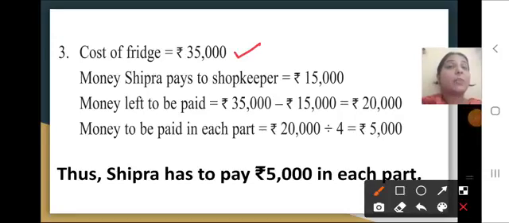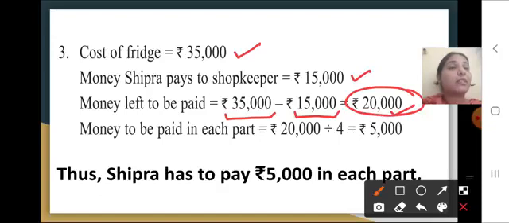Then money Shipra pays to shopkeeper. She pays rupees 15,000 to the shopkeeper. That is already given. Then money left to be paid. After paying rupees 15,000 to the shopkeeper, how much money is left to be paid? So we will subtract. When we subtract this 15,000 from 35,000, we will get 20,000. Now because she wants to pay the money left in 4 equal parts, we will divide it by 4.